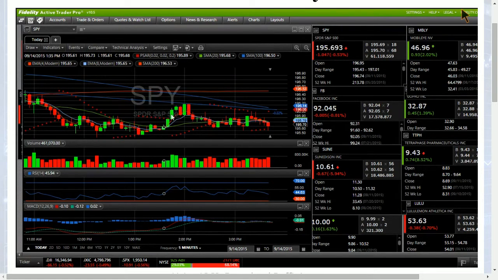So the next 5-minute candlestick for SPY, we're going to see the 100 period moving average resistance line up exactly with the downtrend line that I drew.